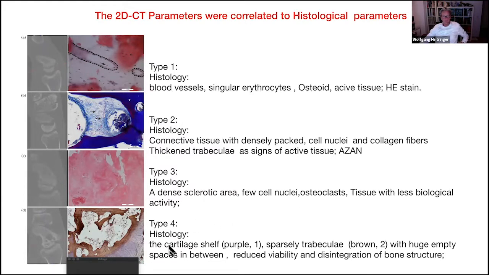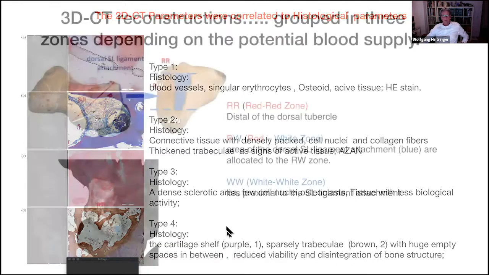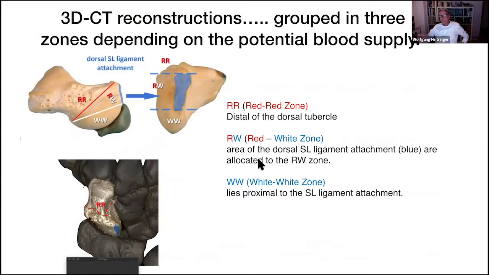In type 4, the cartilage shelf, sparse trabeculae with huge empty spaces in between, reduced viability and disintegration of bone structure. And together with these 3D findings, they described here the red zone, that is a very well vascularized zone.